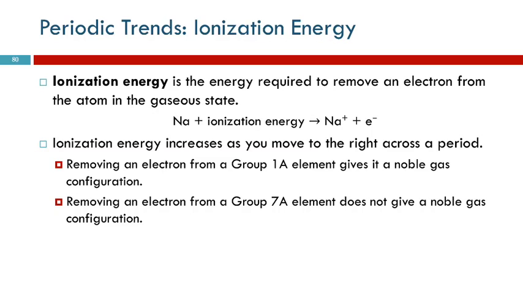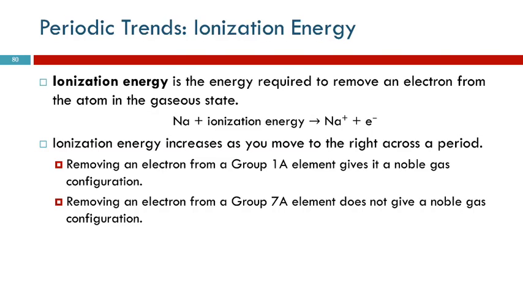That's great. I'm going to give it up very easily. What about group 7A, like fluorine? If fluorine loses an electron, does it have a noble gas electron configuration? No. It's gone one step away from what it wants. Is fluorine going to give up an electron very easily? No. It's going to be very difficult to remove an electron from fluorine.